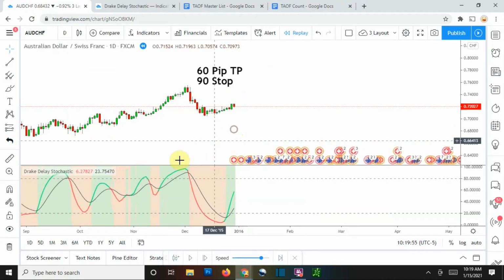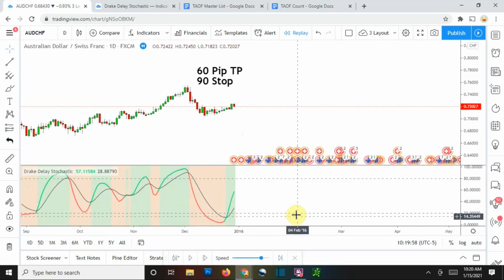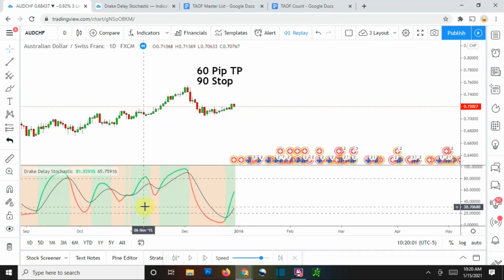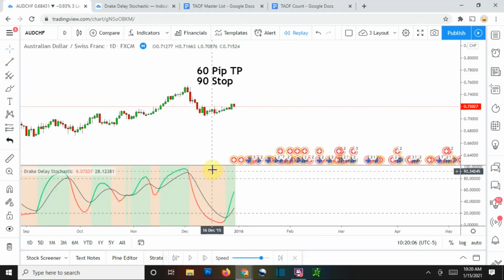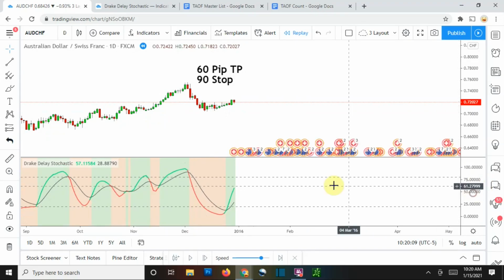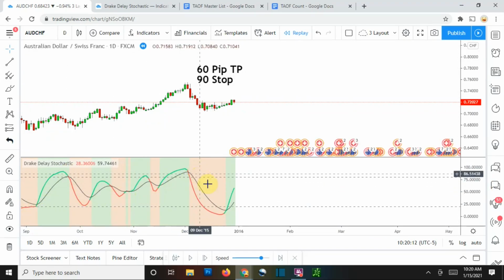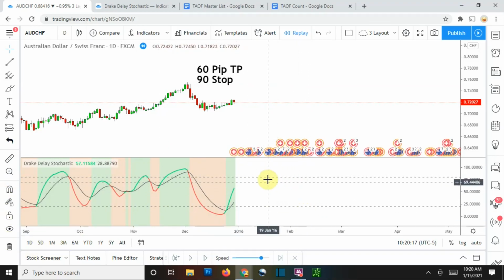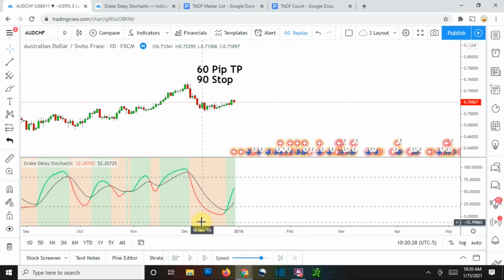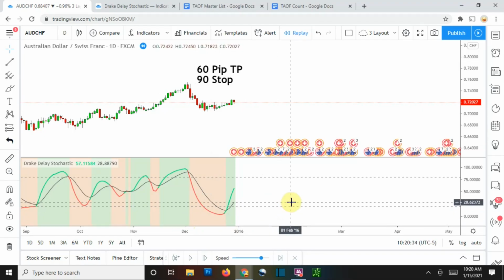All right. So, as I said, today's indicator is the Drake Delay Stochastic Indicator. You can see it here on the bottom of the screen. There is a little bit going on with it, not a whole lot. Basically, what we have is the two-line cross, very similar to your standard stochastic. Then you have an 80 level overbought area, and then a 20 level oversold area.